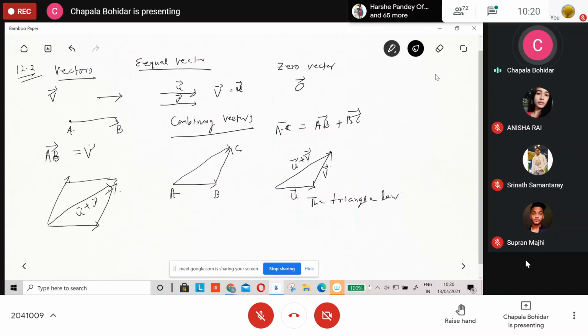Sorry, my figure is not correct. So it is your V vector plus U vector. Okay. So this is called your parallelogram law.